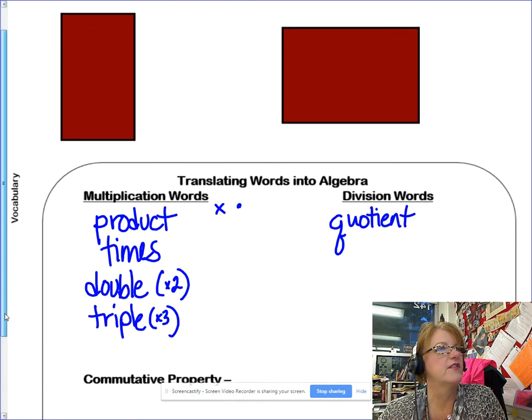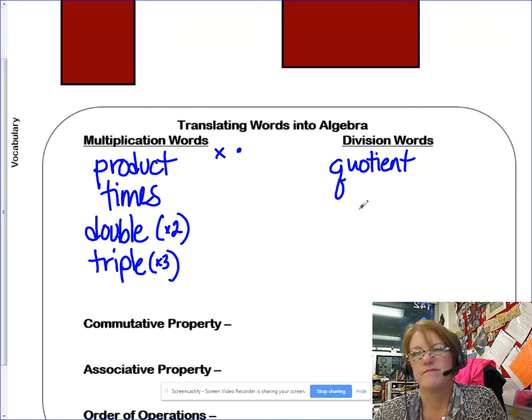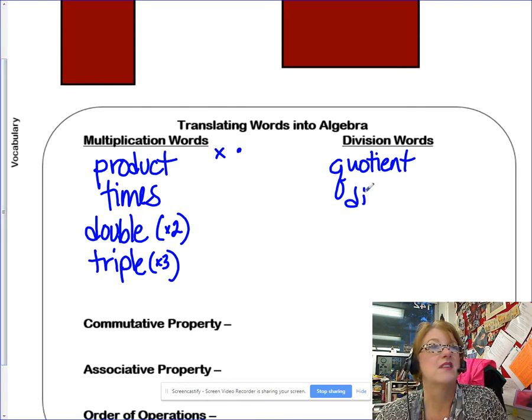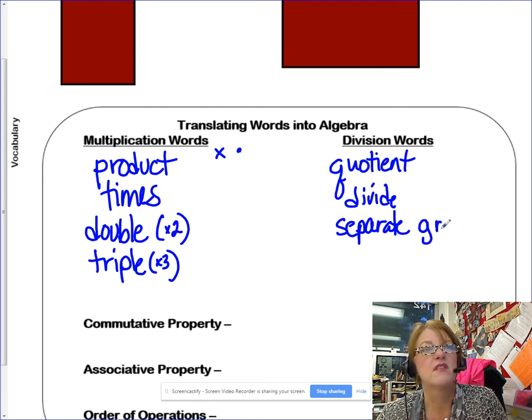Likewise for division, we really just use the word divide a lot. Separate, and groups, or put into groups, something like that. Grouping.